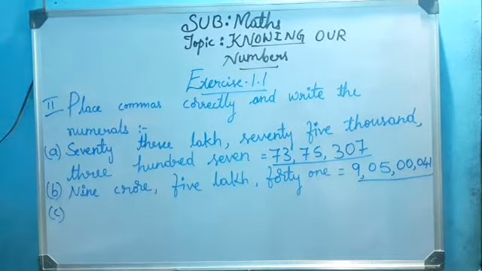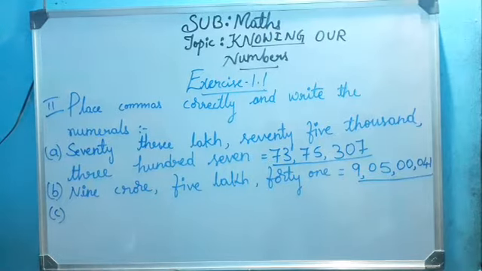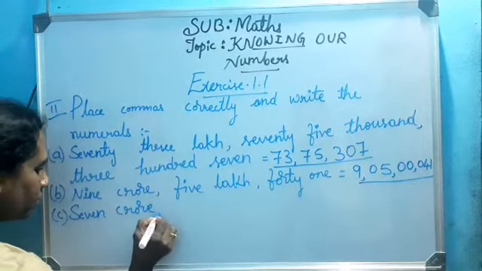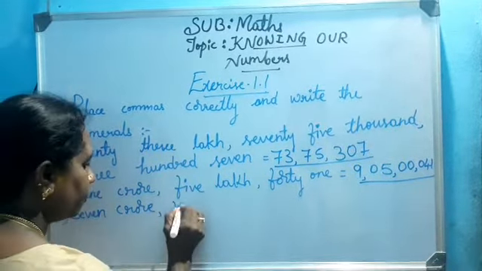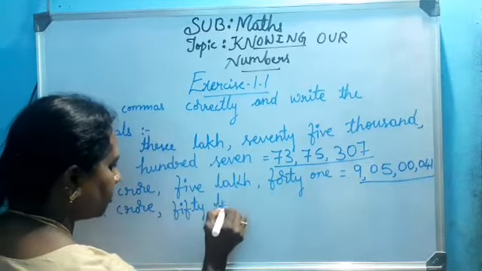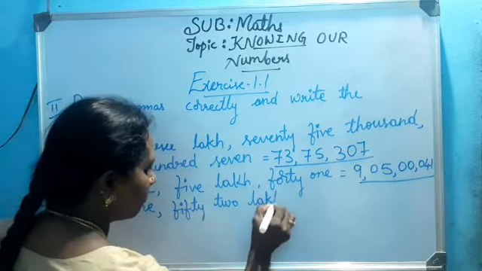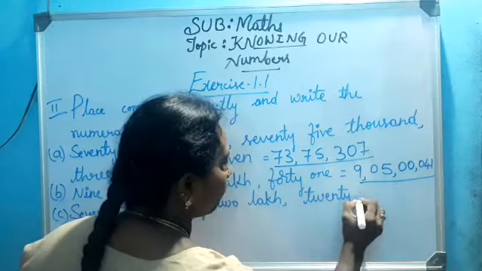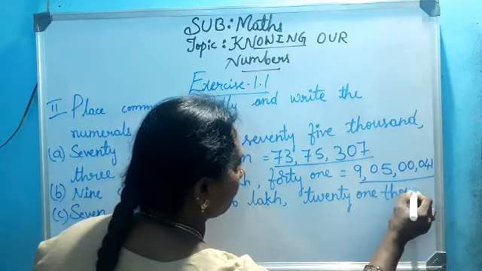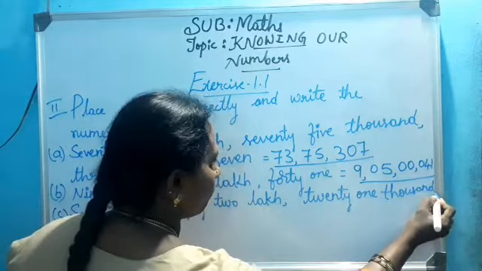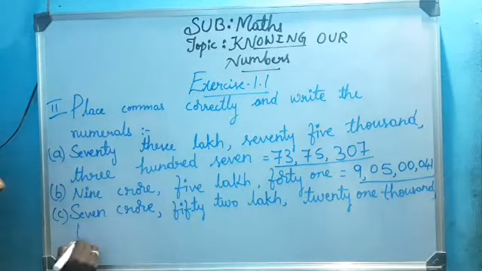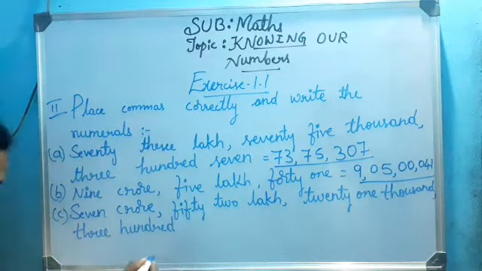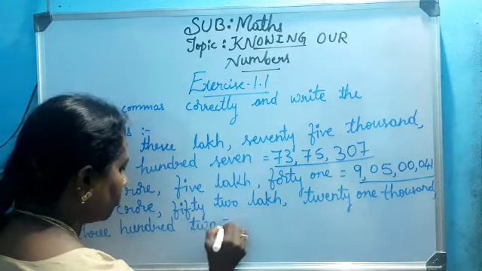The next question: 7 crore, 52 lakh, 21,000, 300, 2.